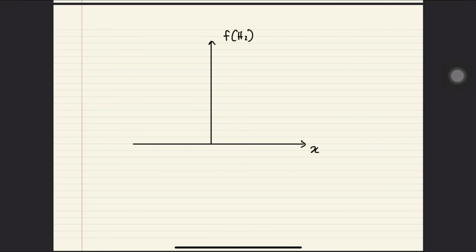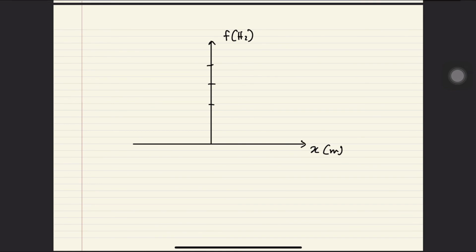If you have the first two examples, where the ambulance is coming towards a stationary object, and then after that moves away from the stationary object, you might have to draw something like this.